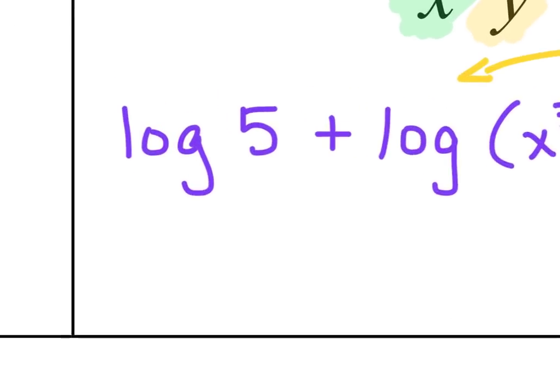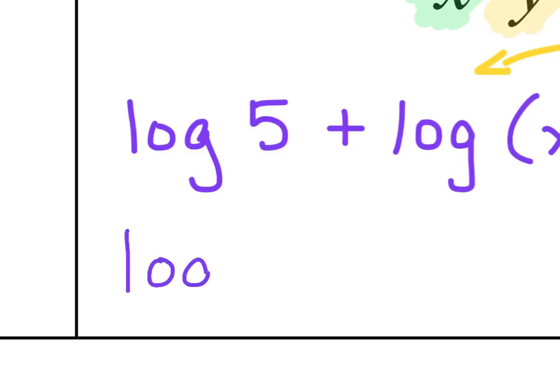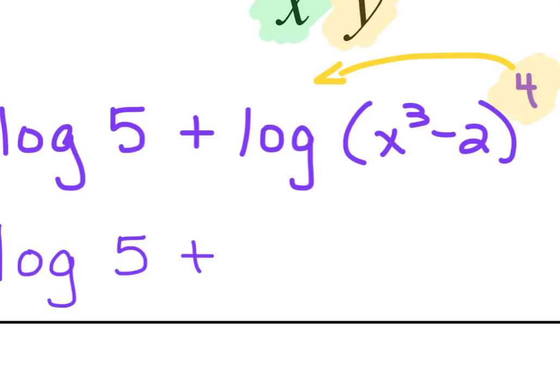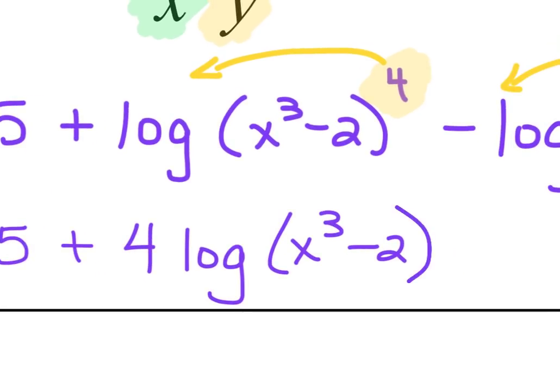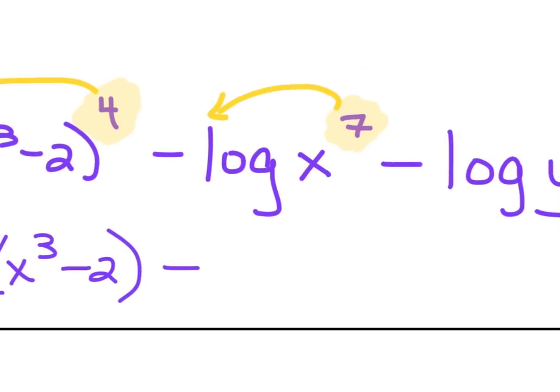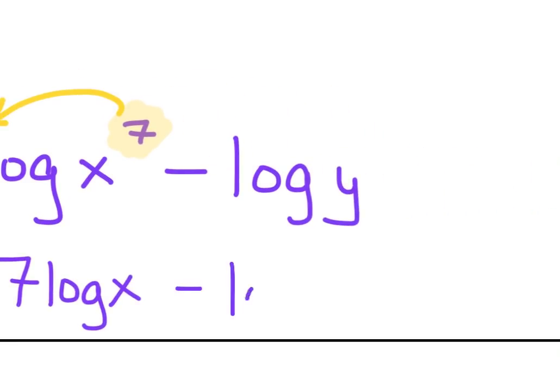So I'm going to rewrite the whole thing again, log of 5 plus, and now I'm going to write the 4 as a coefficient, 4 times log of x cubed minus 2. Keep those parentheses. We're going to come back and talk about that in a minute. Minus, now 7 becomes the coefficient. Sorry, that was my clock. So I rewrote the exponent 7 as a coefficient, and then we said that the log of y cannot be simplified any farther.